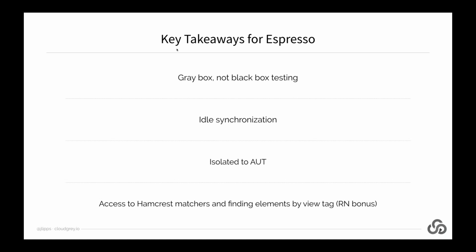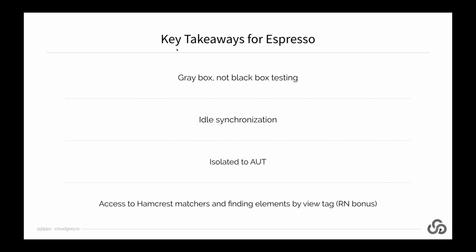This helps add stability and robustness to tests because they don't experience the same kind of flaky errors due to the app state not being what you expect. There's some complexity here, and Espresso doesn't know about all the different ways that your app could be busy. So sometimes you have to teach it when your app is busy so that we can take advantage of this idle synchronization. But it's a nice feature.